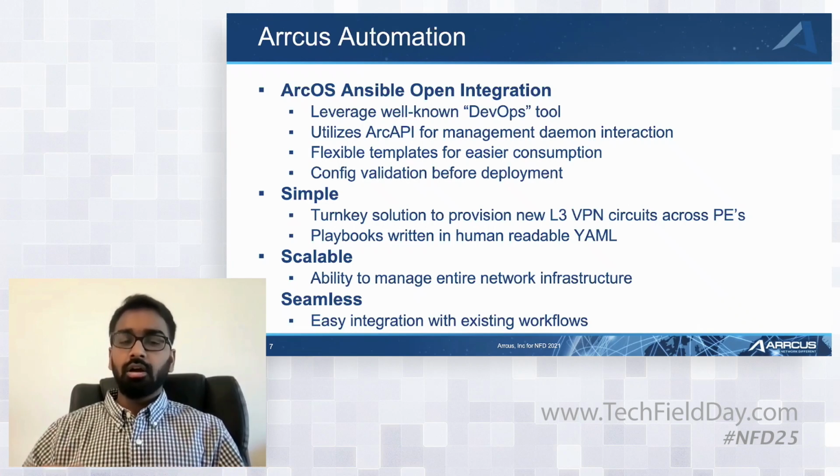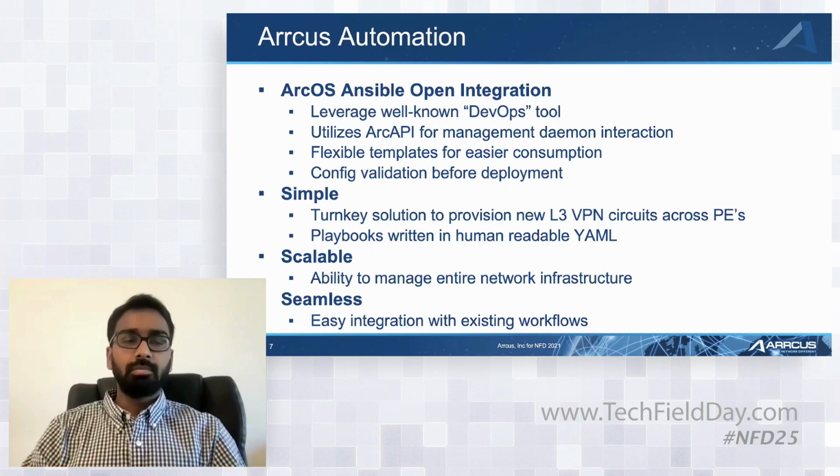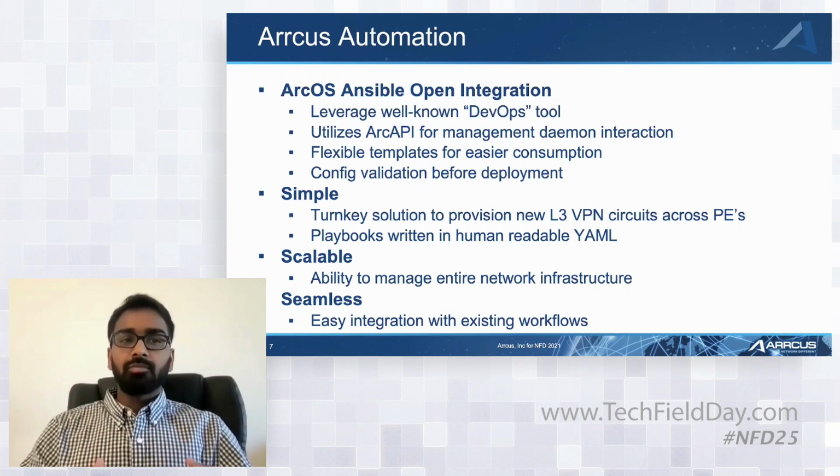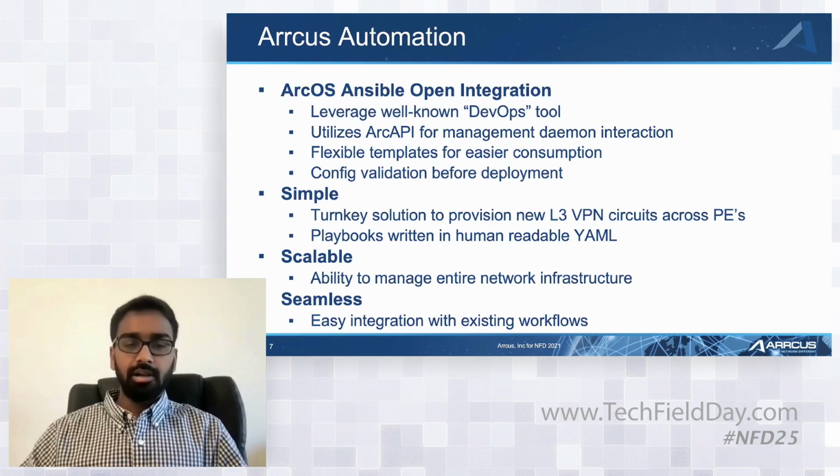If you want to make a change in the network, you give those changes in the form of your template file, and then you can always validate the configs via Ansible itself, because ArcOS supports the transactional, commit-based model. Before pushing a config, you can always validate to see if what I'm pushing into the network looks correct to me, and only then go ahead and push that configuration.